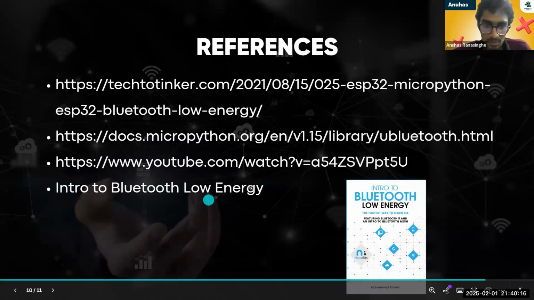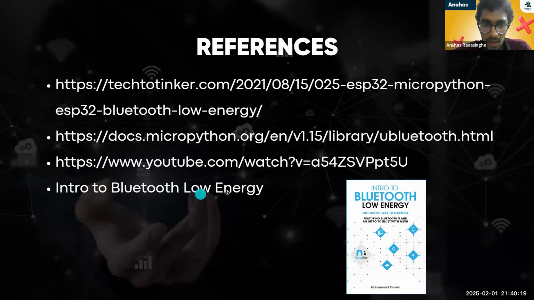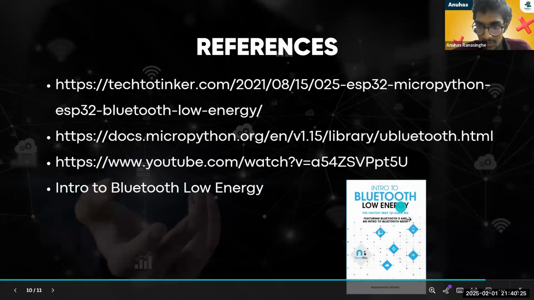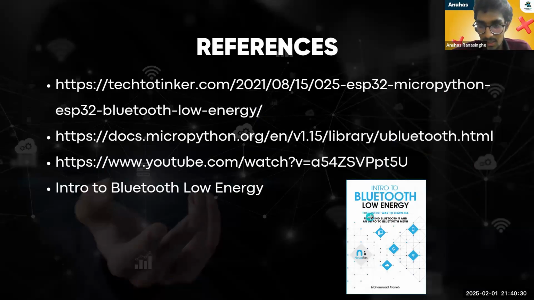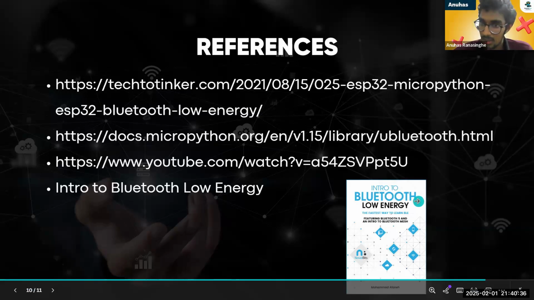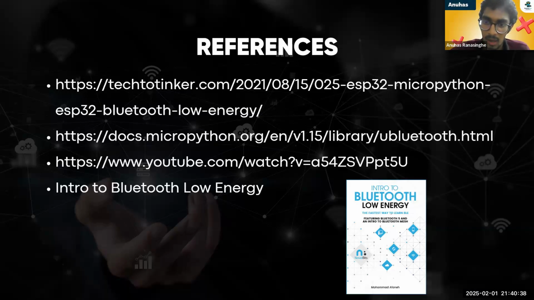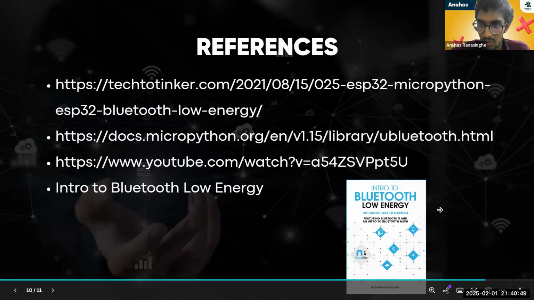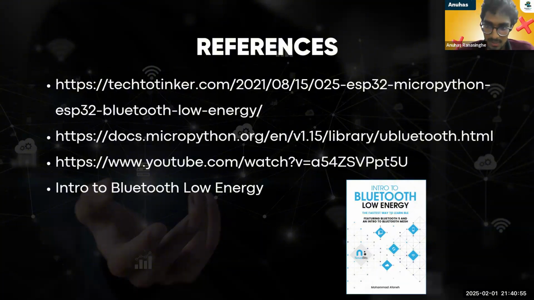And there's a useful book, Intro to Bluetooth Low Energy by Mohammad Afaneh, that simply explains how Bluetooth works, and all the architecture and other things related to Bluetooth Low Energy, not how to use it with MicroPython, but how Bluetooth Low Energy actually works. It is very useful to get an idea of how to develop Bluetooth Low Energy in our IoT projects.